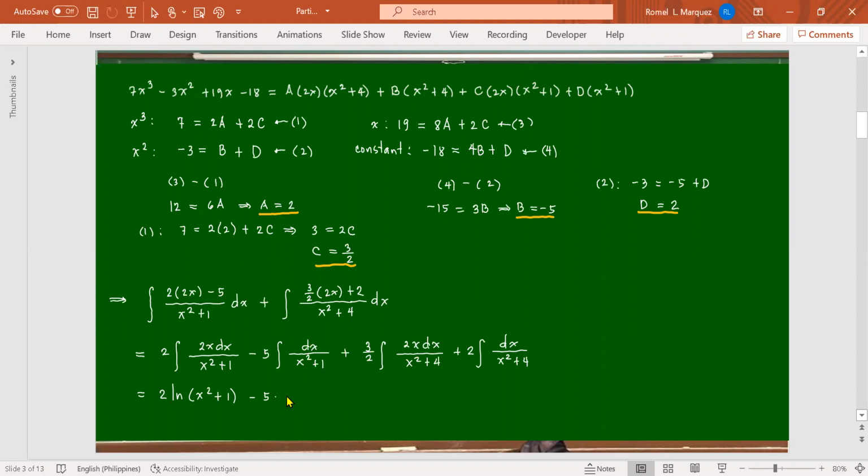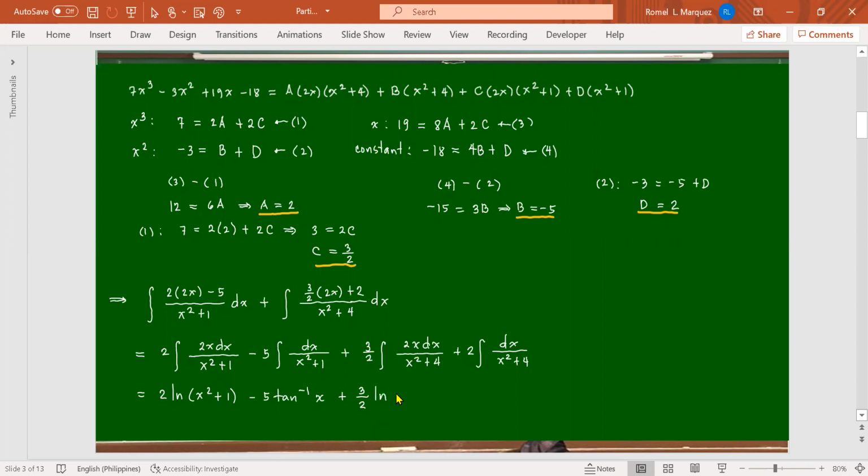So hence we have 1 over 1 times inverse tangent of u, which is x over 1, and that is still x. Plus 3 halves times, again, this is the integral of du over u.